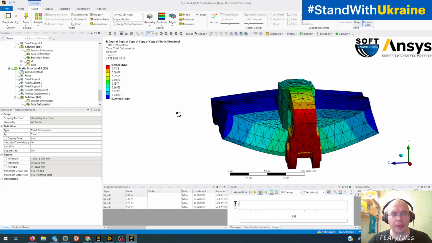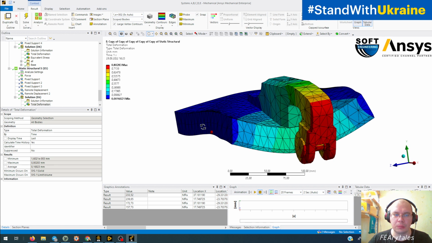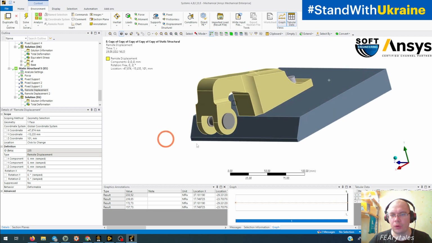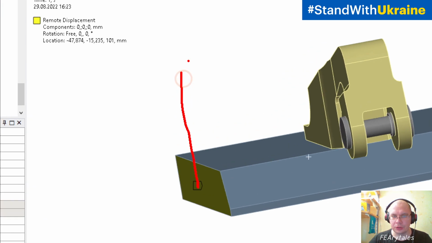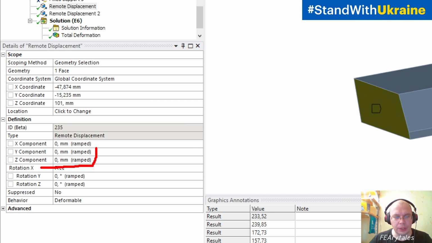But it's not very big. And what we do for this model behavior, we add two remote displacement on those sides, on those and those sides. On both displacement, we have fixed y direction. On this place, we fixed all type of translational degrees of freedom.